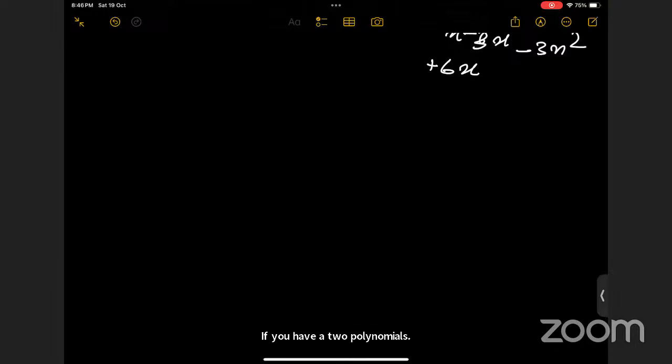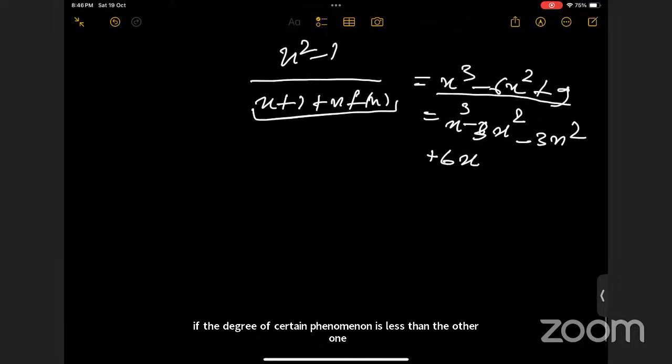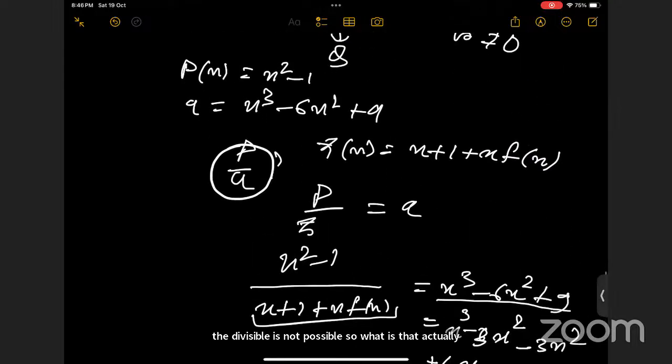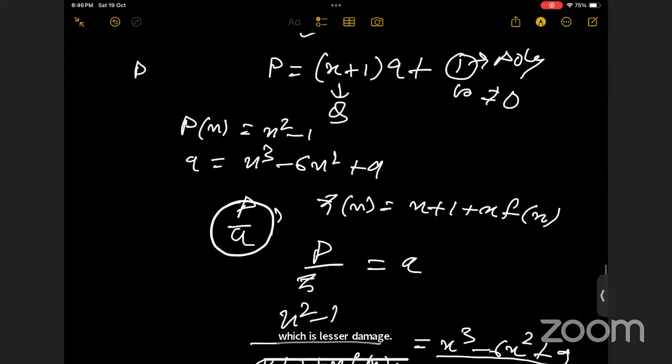Madam, there is one clarification required. So if you have two polynomials, and the degree of a certain polynomial is less than the other one, the division is not possible. If we want to calculate p by q, then if the degree of p is less than the degree of q, the division is not possible.